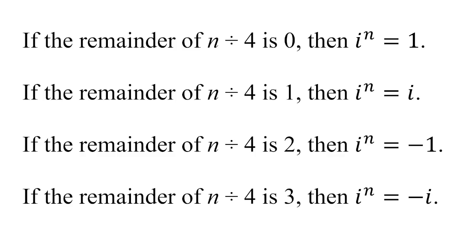So let's look at some examples. Let's say you have i to the 12th. I'm going to do my long division. 4 goes into 12 3 times with no remainder. Therefore, i to the 12th is 1.